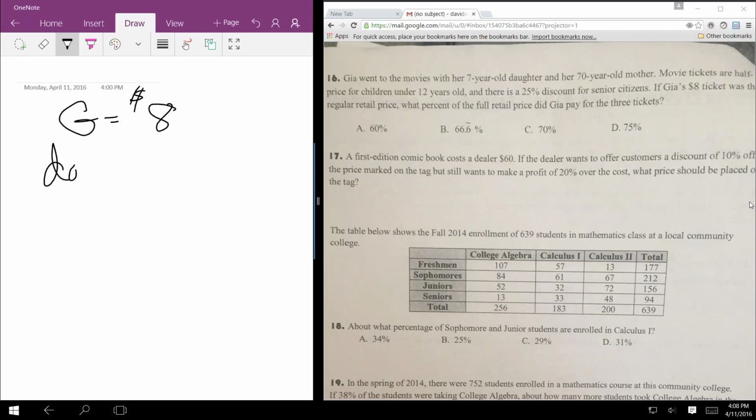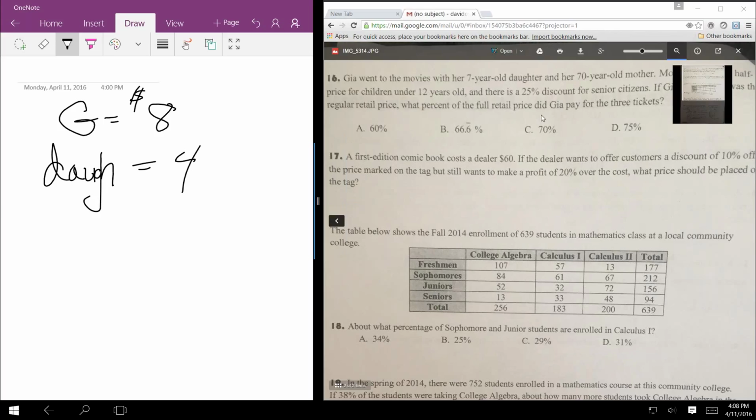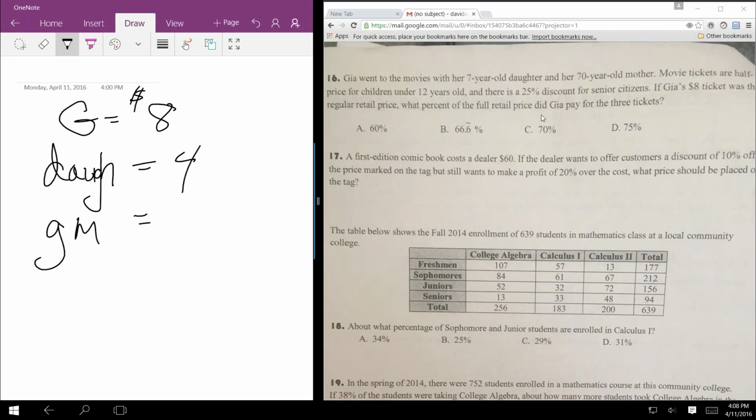Half price. What amount? Oh, 4. And her grandmother gets a 25% discount. So what did grandma pay? 25% of 8. 6.